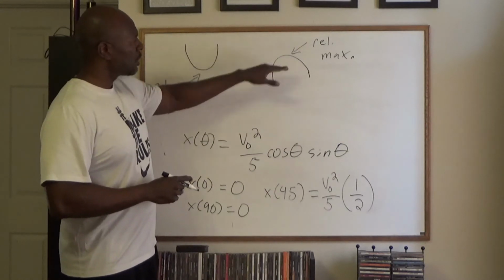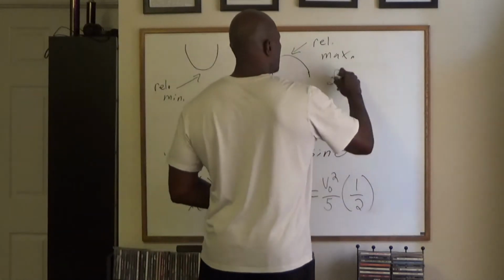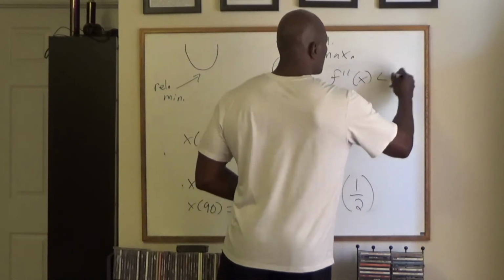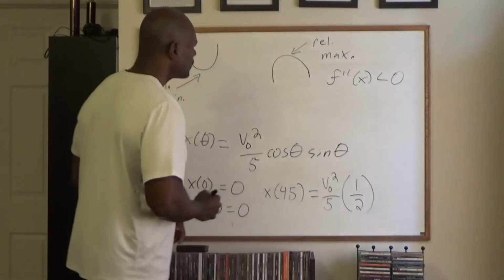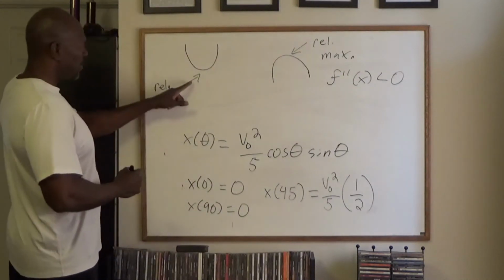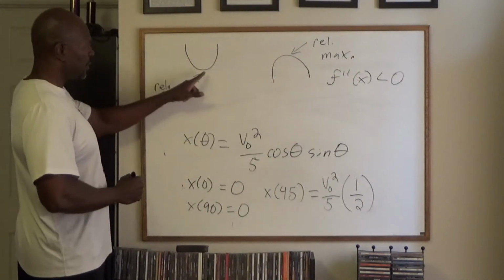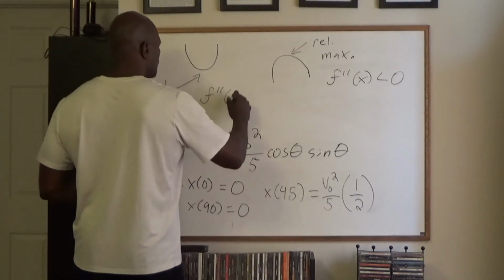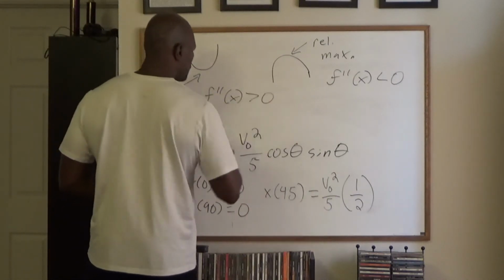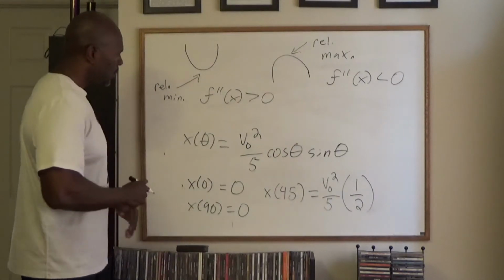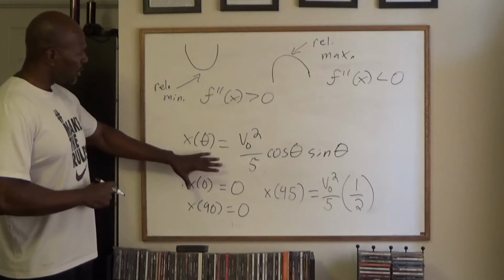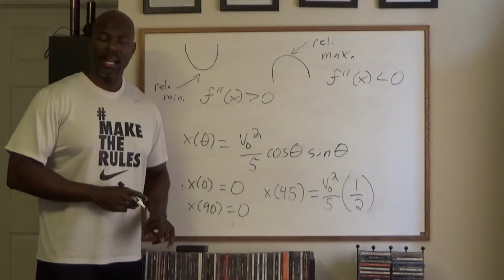That means the second derivative is less than 0. And when you have a relative min, the graph is concave up, which means the second derivative is greater than 0. So I can find the second derivative of x and plug in 45.